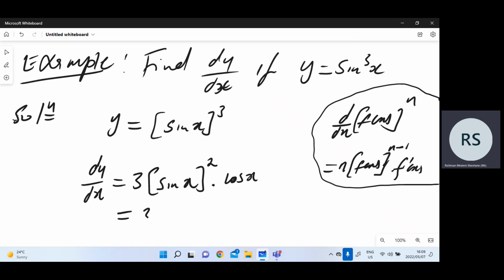So this is just 3 sine squared x cos x. This is just the answer.